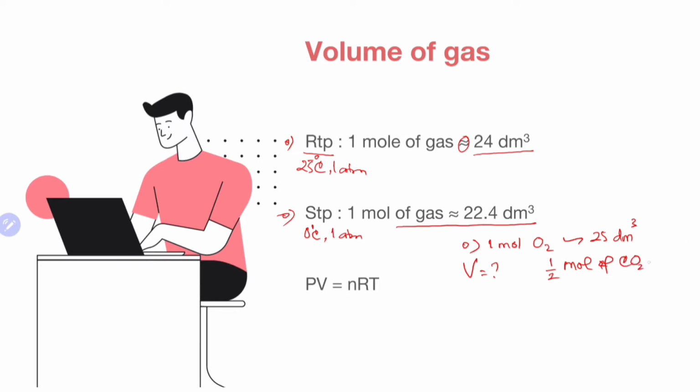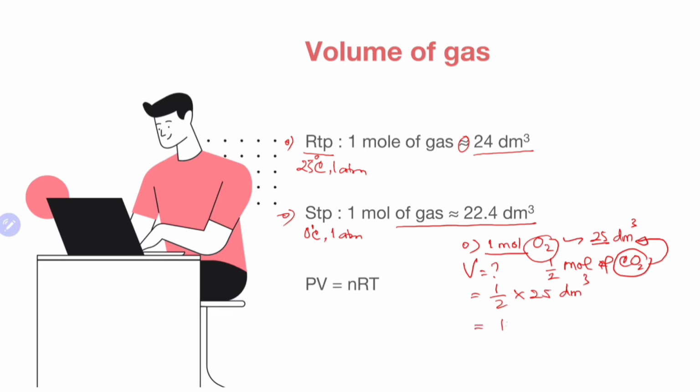Then we can compare to this. So if 1 mole is 25, then for half a mole of CO2, even though the substance is not the same, the condition will be the same. So for half a mole, the volume is half times 25 dm³.